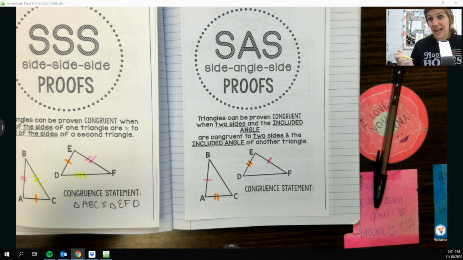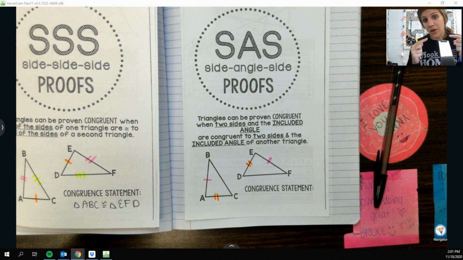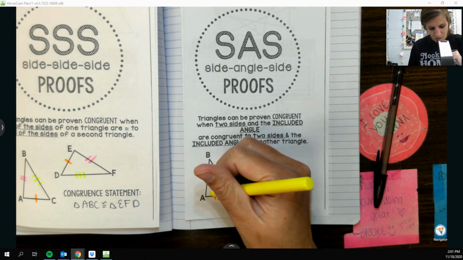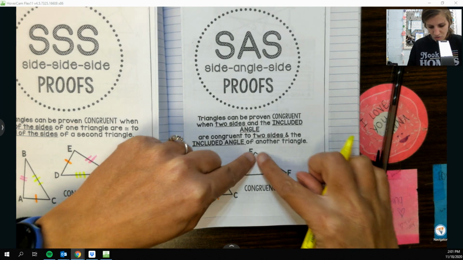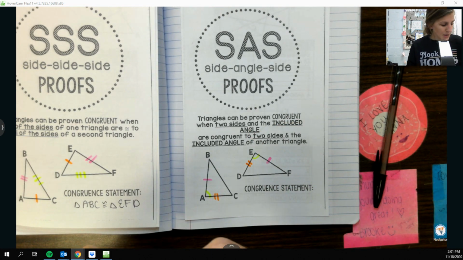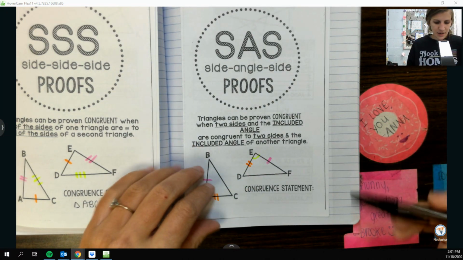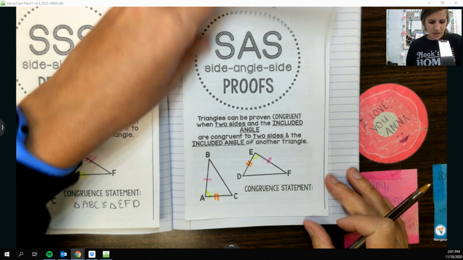And then it would have to be the angle where these two sides meet, so A and then E, because it has to be the angle in between the two sides.